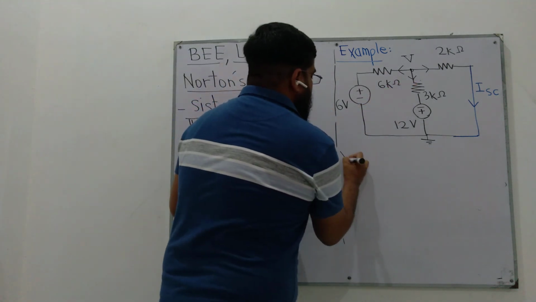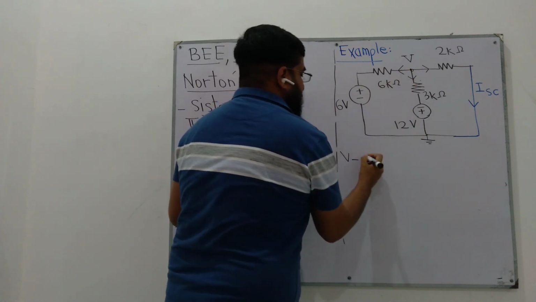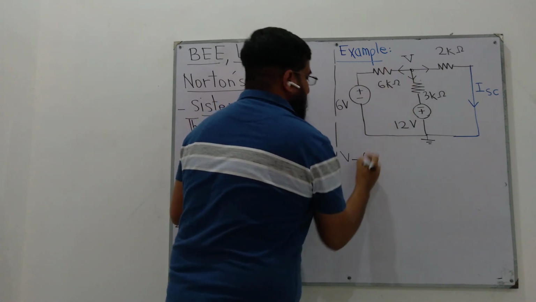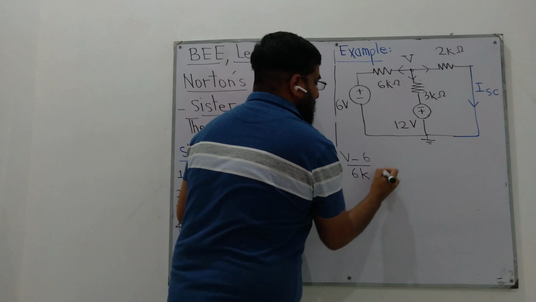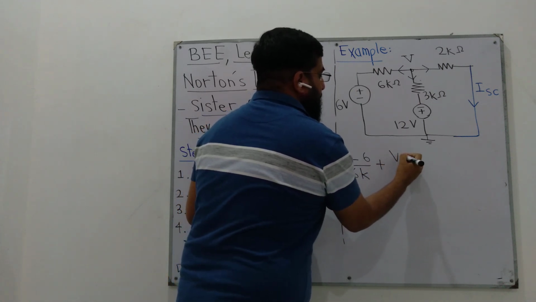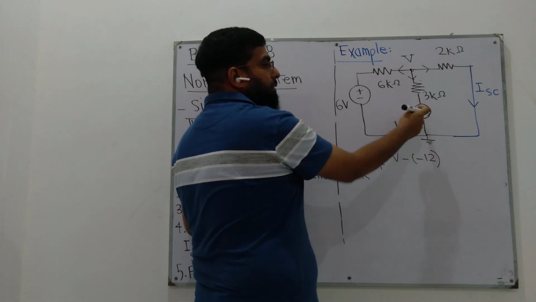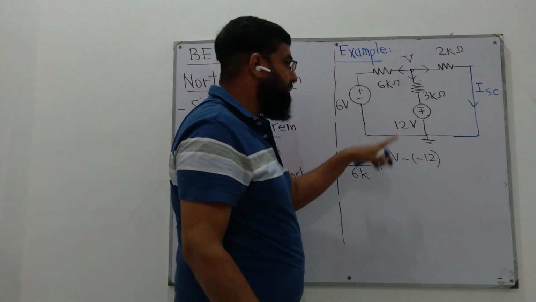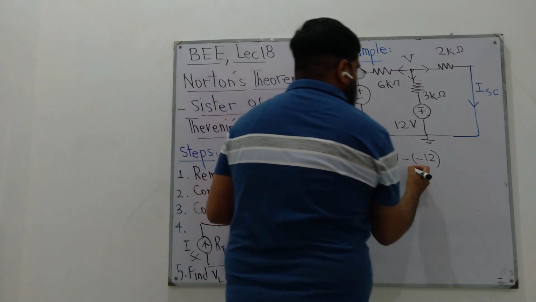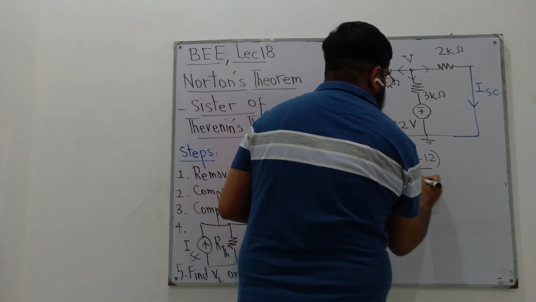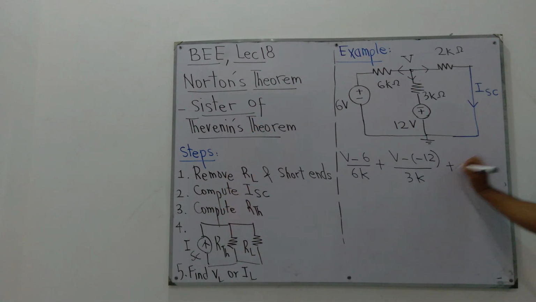The node current for this branch is (V minus 6) divided by the resistance 6K, plus (V minus 12 I minus, because the current is from the negative side, adds up these highs) divided by 3K, plus the current in this branch (V minus 0) over 2K, is equal to 0.